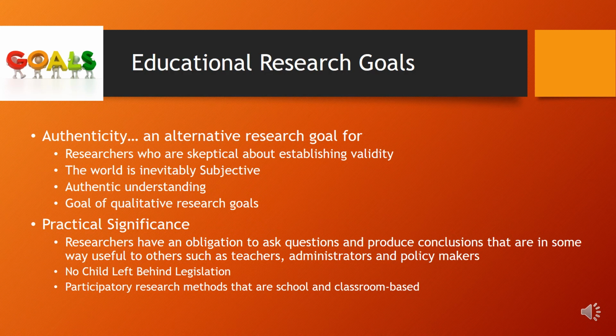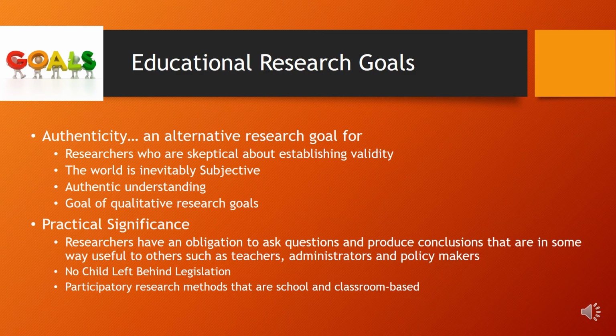An authentic understanding of an educational setting is one that reflects fairly the various perspectives of participants in that setting and is often the goal of qualitative research. The final goal researchers try to fulfill is practical significance.